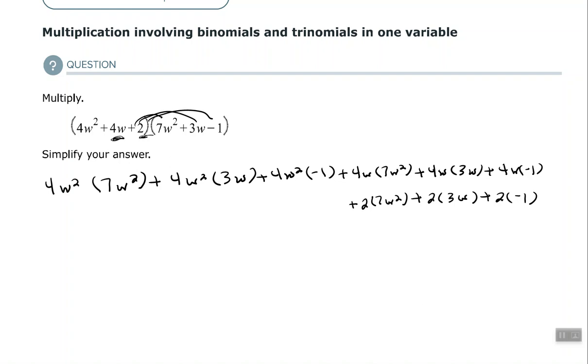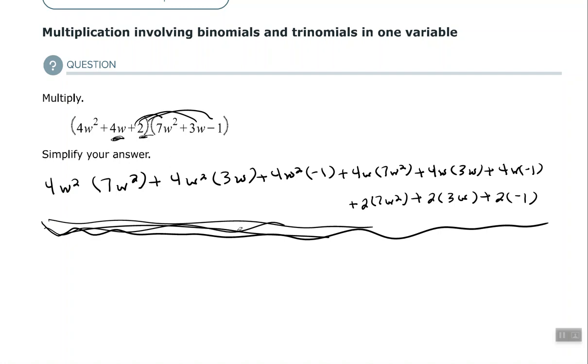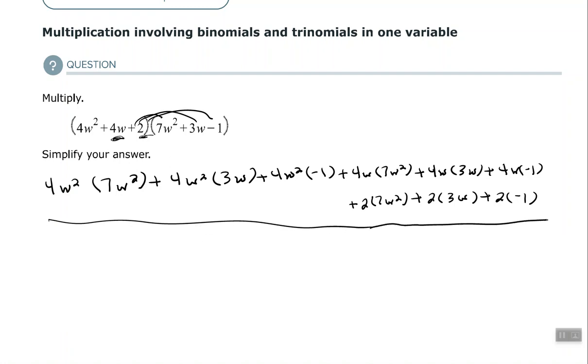So 4w squared times 7w squared, 28w to the 4th. And let's put a little line here. And then 4w squared times 3w, 12w to the 3rd.